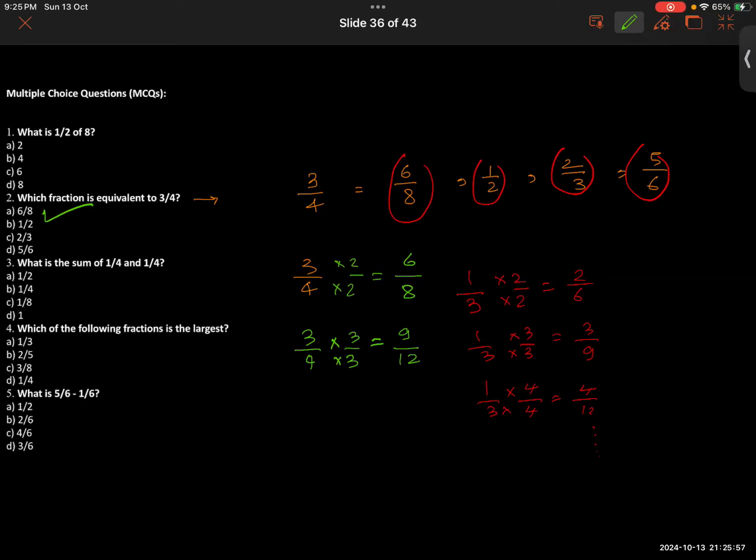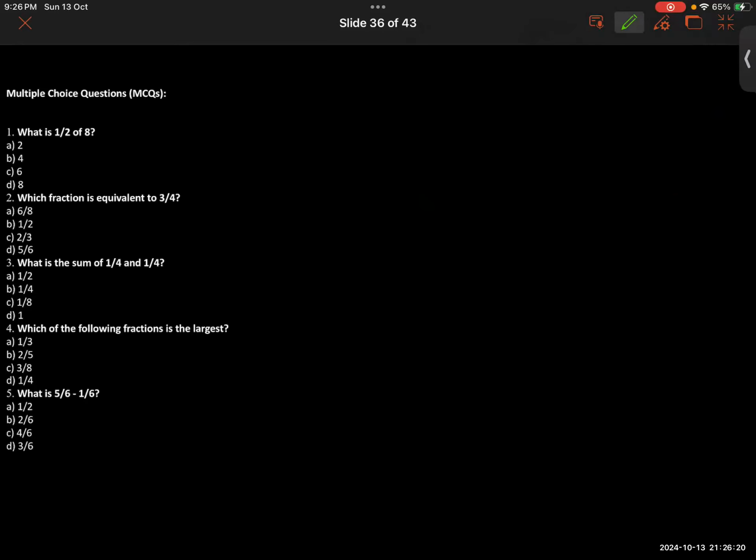Find the sum of 1 upon 4 and 1 upon 4. 1 upon 4 plus 1 upon 4. Yes, 2 upon 4. But that is not in the option now. No, your answer is correct, but you need to simplify it further.